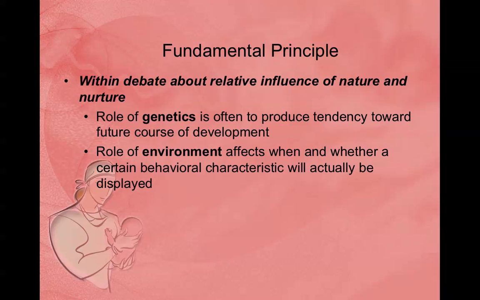Within debate about the influence of nature and nurture, the role of genetics is often to produce a tendency towards a future course of development, while the role of environment affects when and whether a certain behavioral characteristic will actually be displayed. Schizophrenia can be used as an example of this. Evidence suggests that schizophrenia is brought about by genetic factors and runs in families.